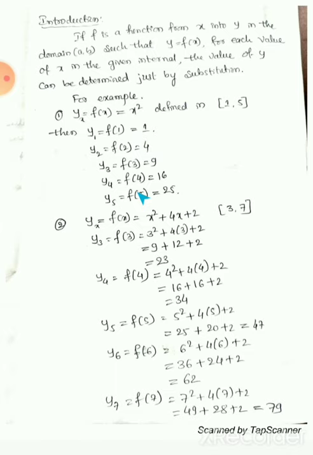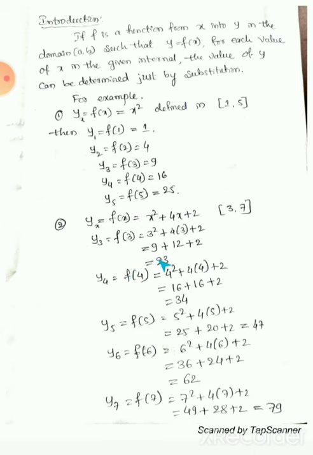If x value is 3, you will get 9. If x is 4, 16. If x is 5, you will get 25. Means for each value of x chosen in this domain, you will get a y value. Therefore, for a set of x values, you will get a set of y values.